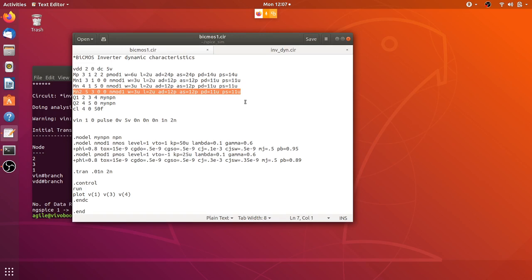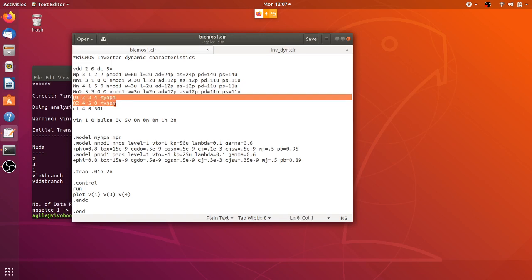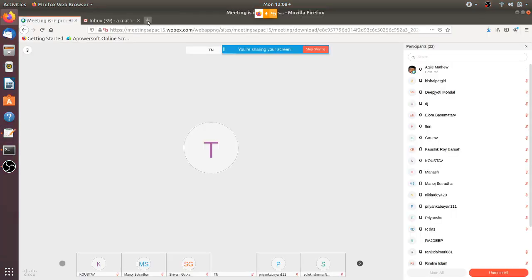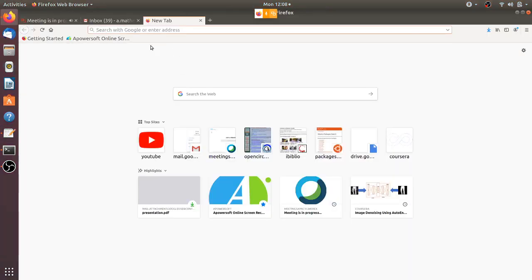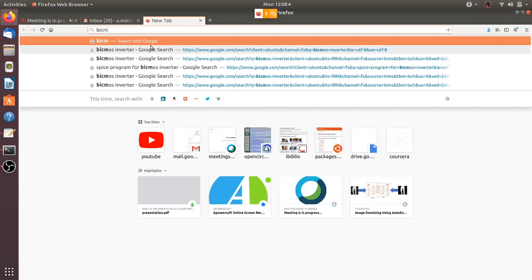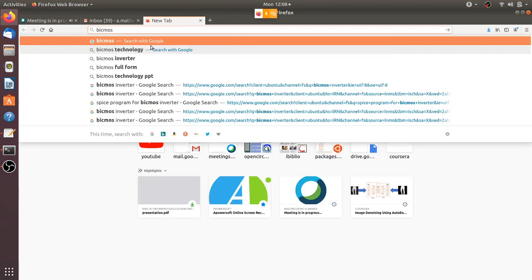So two additional NMOS transistors and two additional BJTs, which are NPN transistors. So there are four additional transistors. If you are familiar with this BiCMOS inverter circuit, I will just take one circuit.